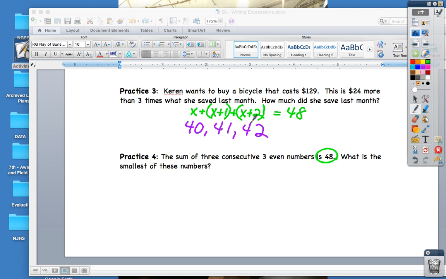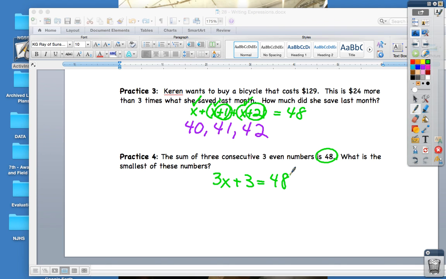Now, I like to use bags of M&Ms. Each of these X's is a bag of M&Ms. So I have 1, 2, 3 bags of M&Ms. I have 1 plus 2. What is 1 plus 2? 3. And that equals 48. There's my equation.